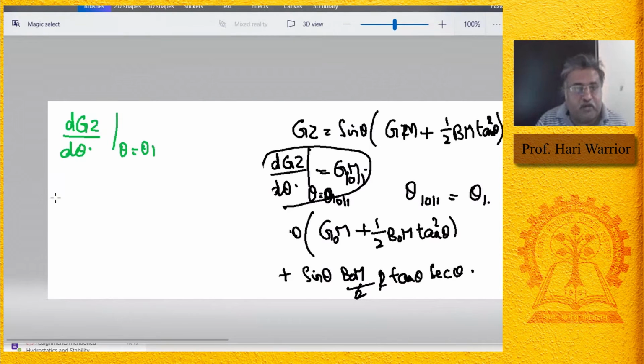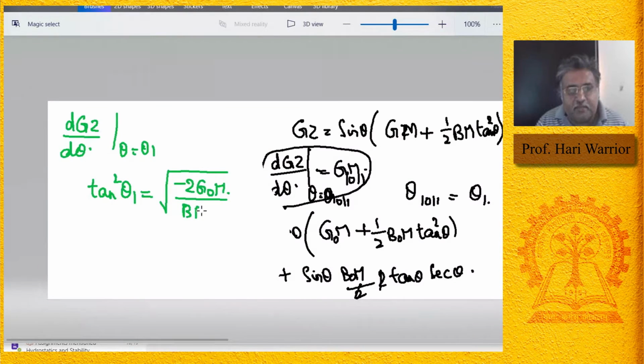Now, how do we know theta 1? We know it like this: tan square theta 1 is equal to square root of minus 2 G0M by B0M. So this is theta 1.